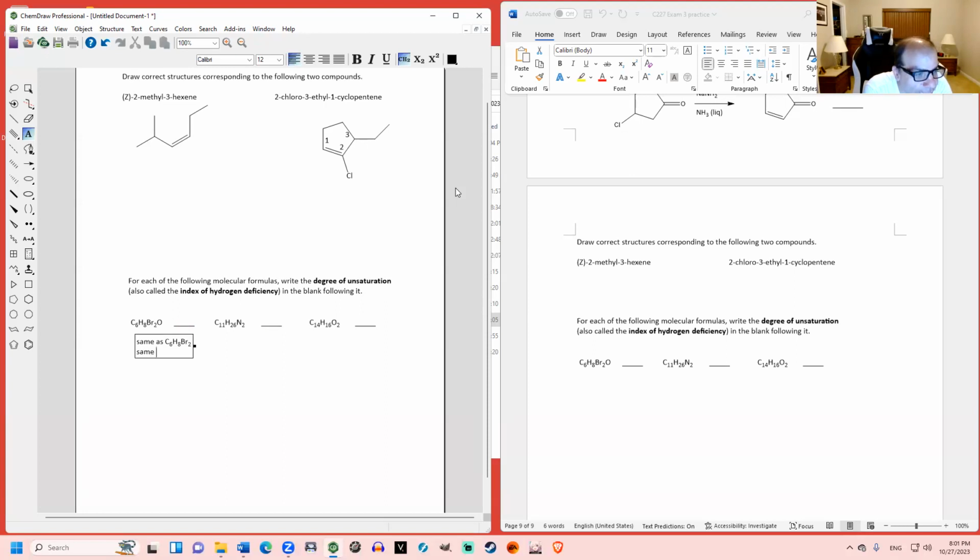And that's the same as C6H10, because halogens replace hydrogens. So with 6 carbons, if the compound were fully saturated, it would be C6H14. The degree of unsaturation is 14 minus 10, which is 4, divided by 2 is 2.